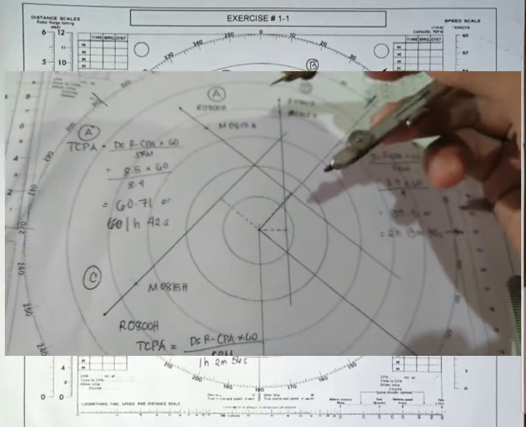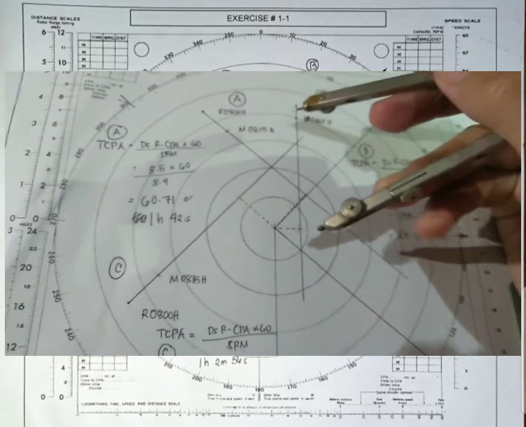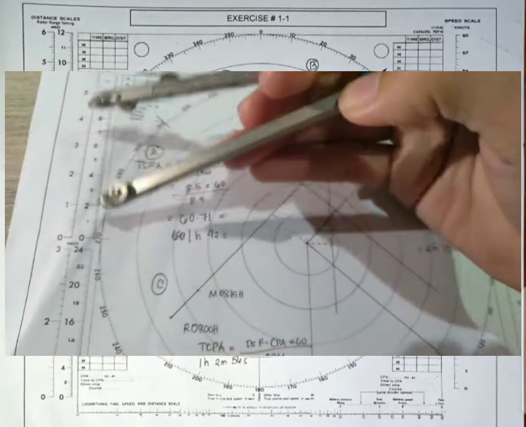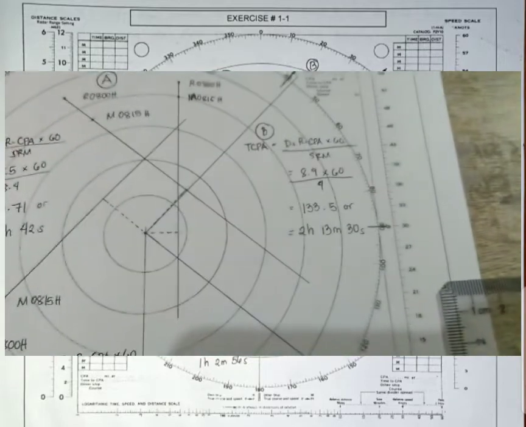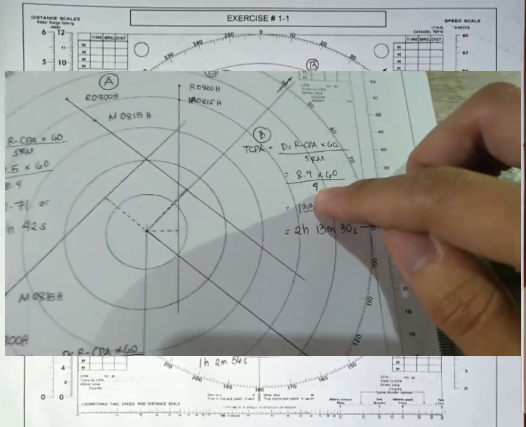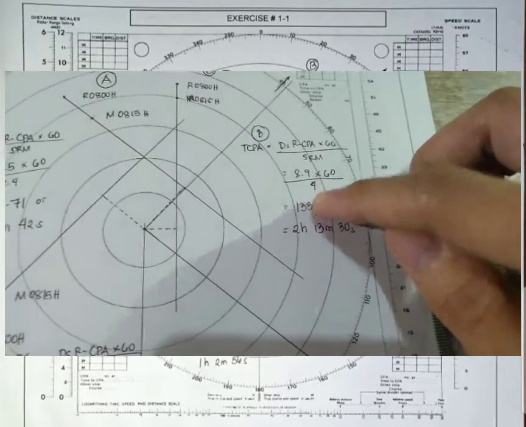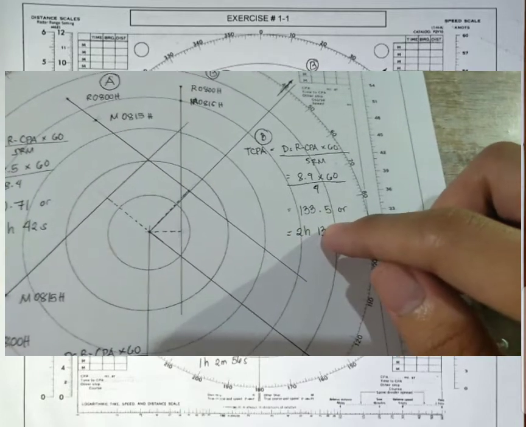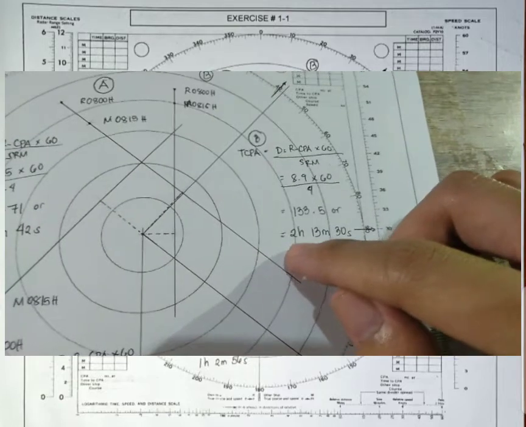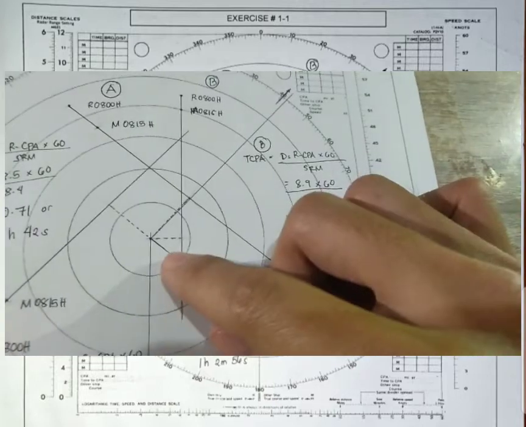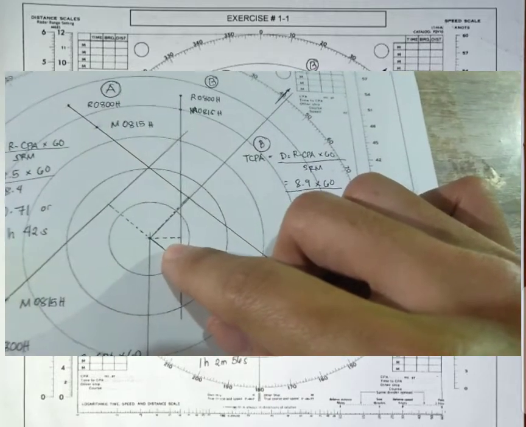So from the R to the CPA, measure that with our compass divider and then transfer it to our scaling, and we have measured that is 8.9, times 60, divided by 4, since our speed of relative motion line is 4, and that would result in 133.5 minutes, or 2 hours 13 minutes 30 seconds to close point of approach.